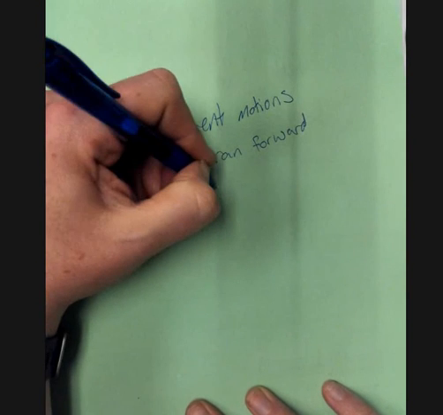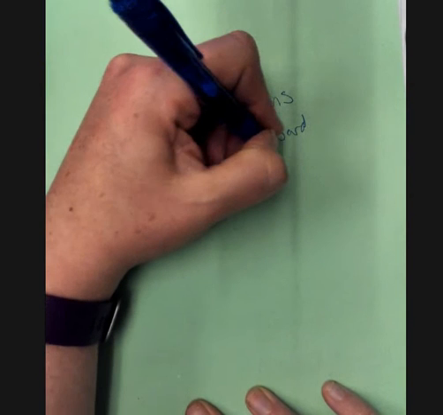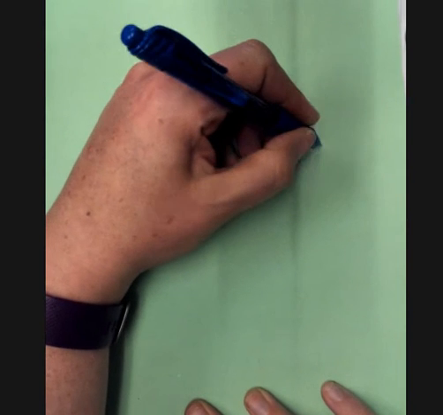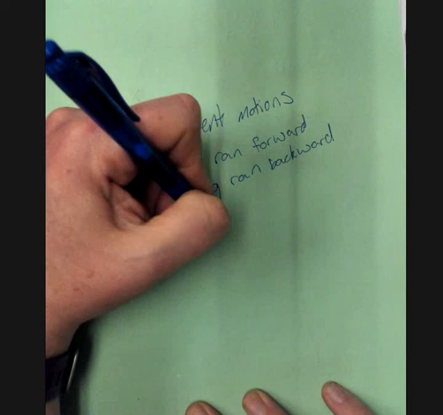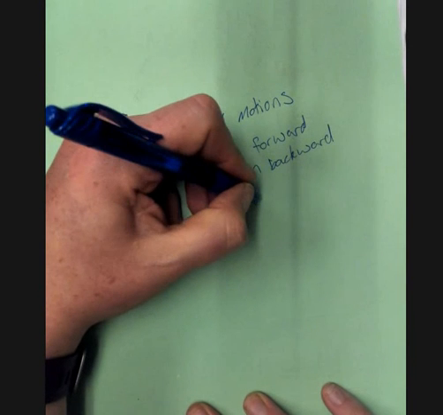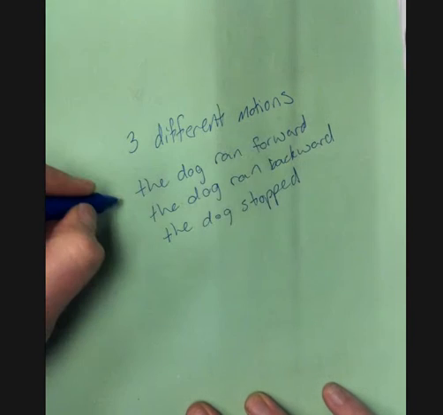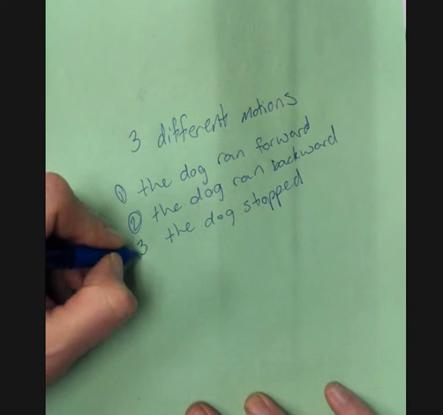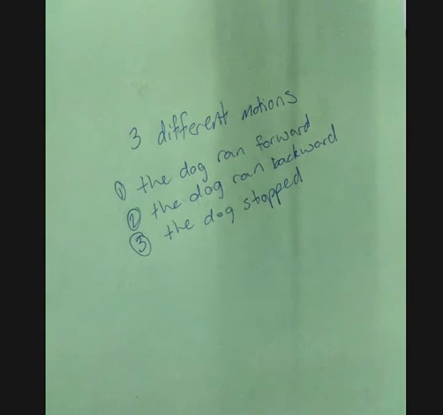The dog ran backward. The dog stopped. Alright, this would be an example of 3 separate motions. Alright, I want 3 different motions in your story.